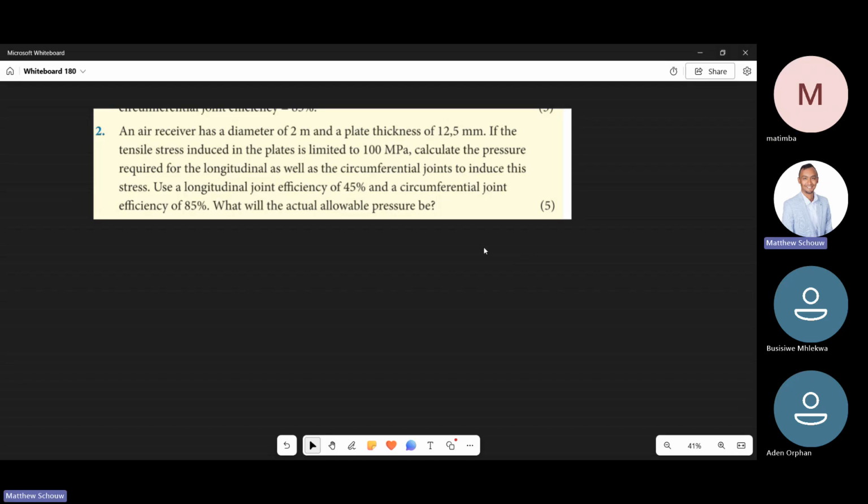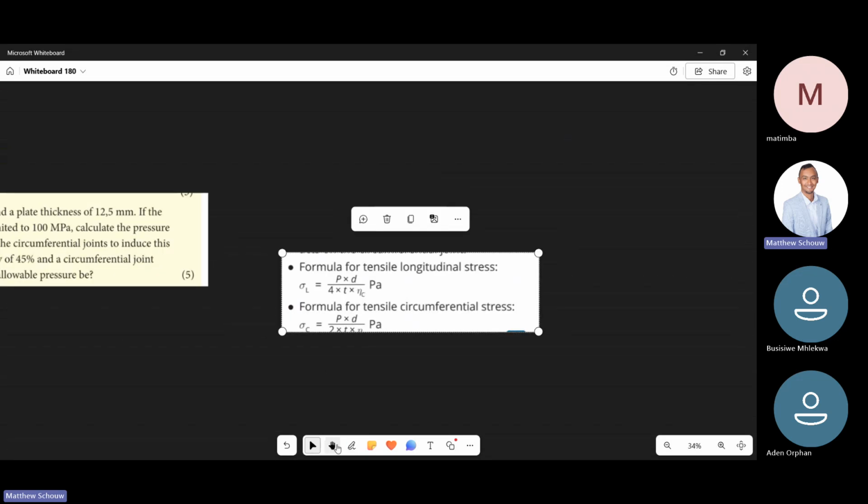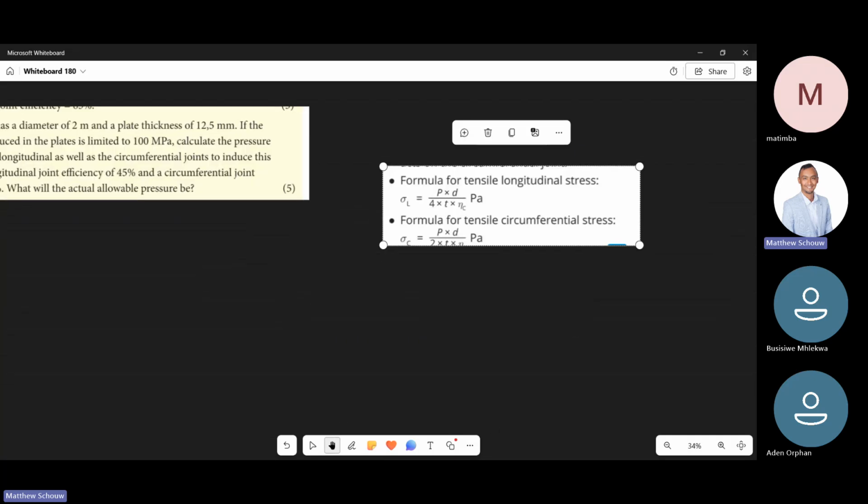Okay, so I'm assuming you've at least watched the recordings. I'm not sure exactly what Aiden has done to prepare himself, but I suggest you all follow a similar procedure. What's happening over here is we're looking at the stresses in a thin wall pressure vessel, and we can also be looking at the strains induced within these vessels.